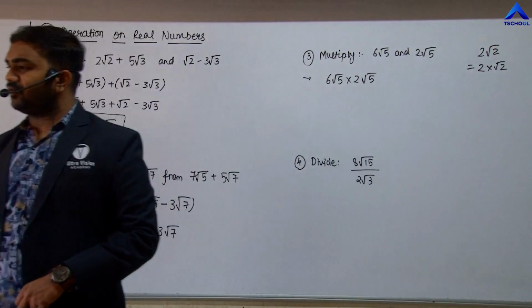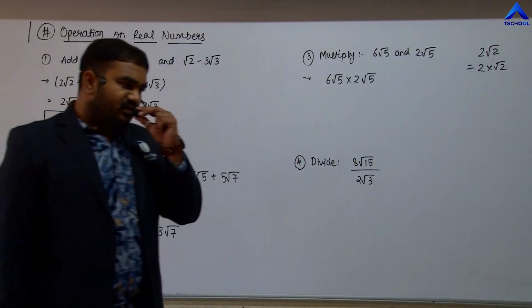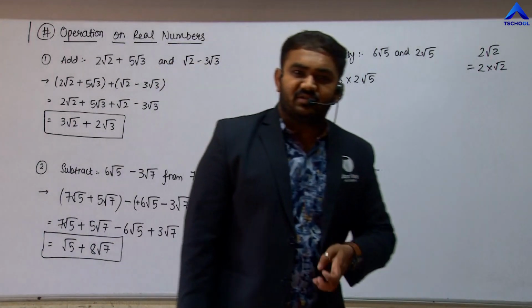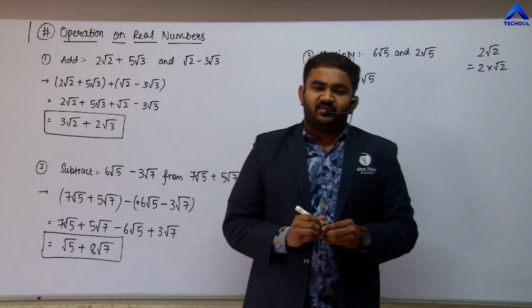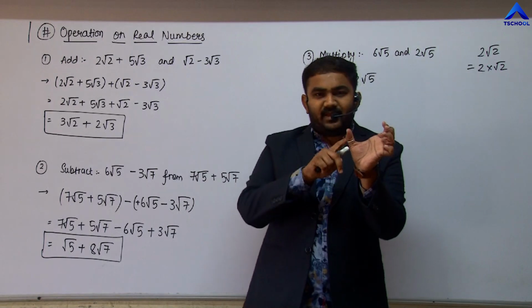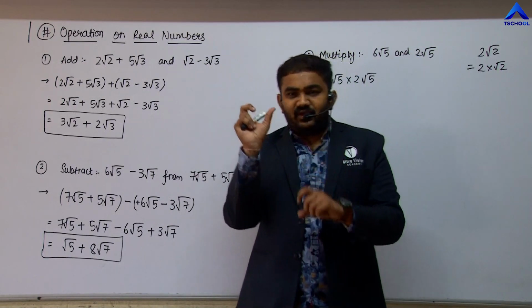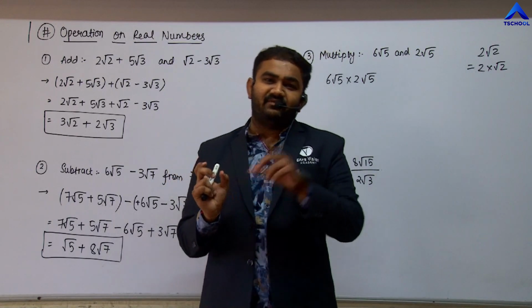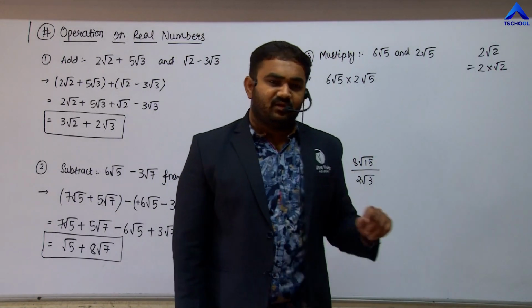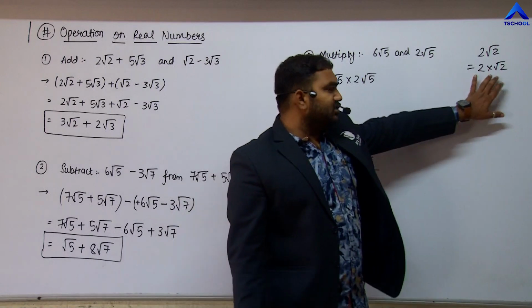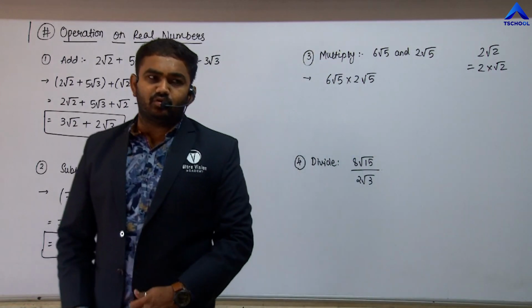If I say that the cost of 1 pen is twice the cost of 1 eraser, that means the cost of a pen will be 2 times the cost of eraser, right? So if I take 2 erasers at a time, that will be equal to 1 pen. Okay, so here it means 2 times root 2 or 2 root 2.